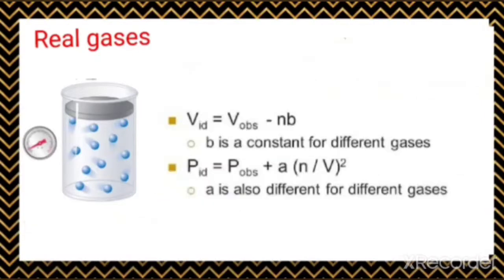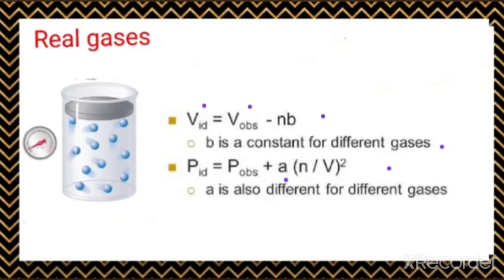So we got two equations here. V ideal is equal to V real minus nb, where b is a constant that is different for different gases, and P ideal is equal to P real plus a n square by V square, where a is a constant that is different for different gases.